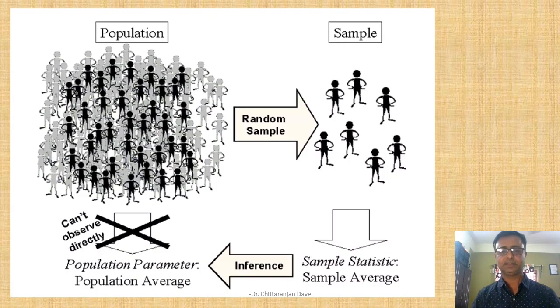Here in this graphic, we can see that there is a population with all different kinds of individuals or objects. From that, we are selecting a random group of individuals or objects, fewer than the target population. And we do statistical analysis.